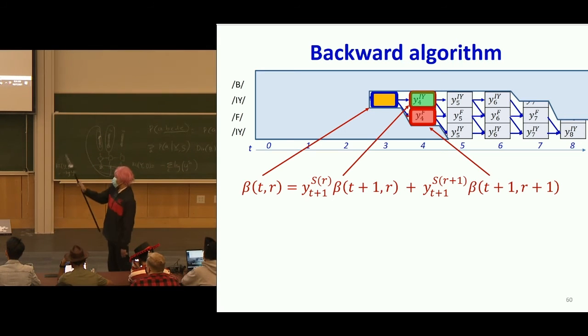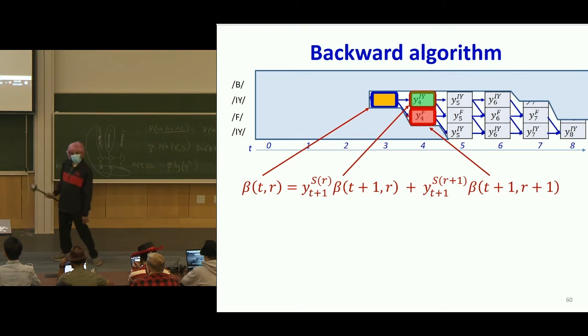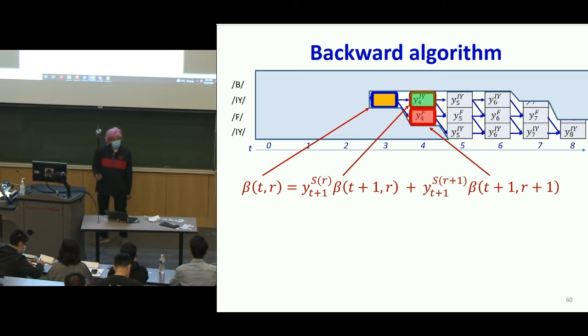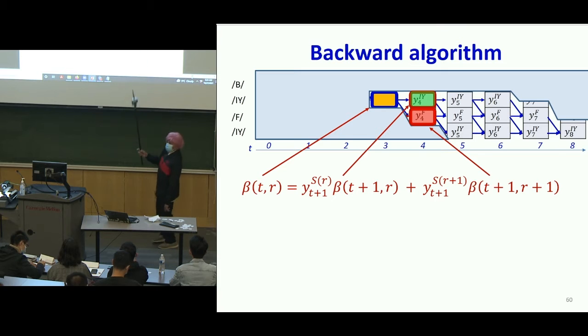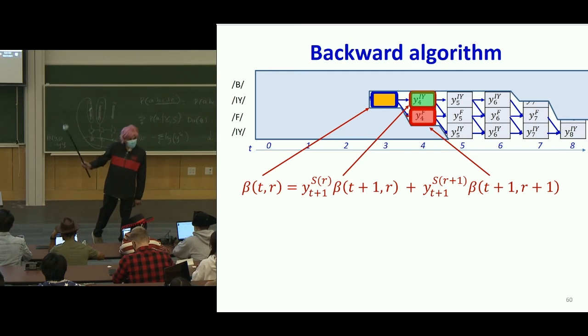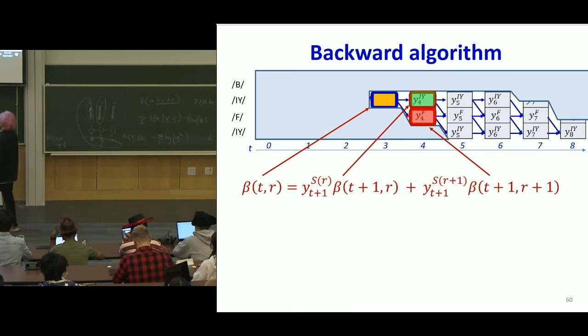So that's going to be beta t plus 1, r times the probability of the symbol in the same row at the next time, which is y t plus 1, s r, right? Plus the beta term for the next row at the next time, which is beta t plus 1, r plus 1, times the probability of the symbol at t plus 1 in the r plus 1th row.